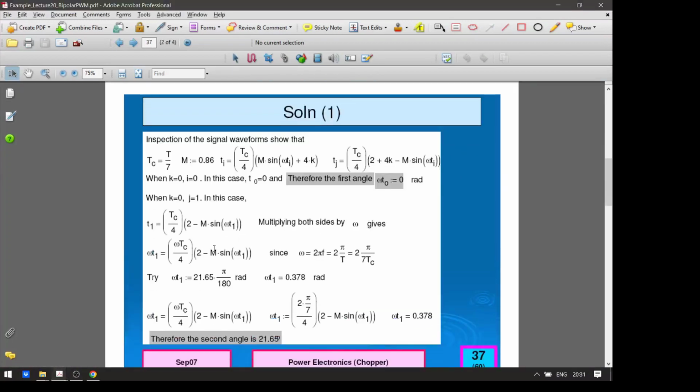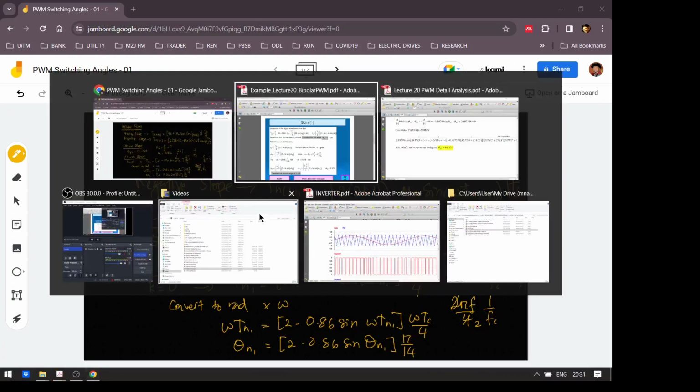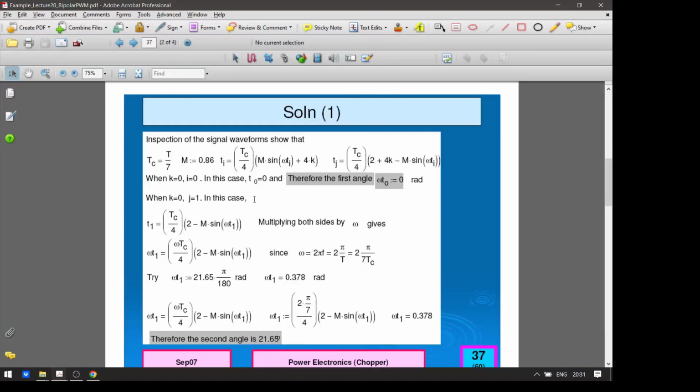By doing that, we're going to just ignore this solution. Just follow what I did just now. Redo it, and then you get the first negative slope at 21.65. Okay, 21.65.